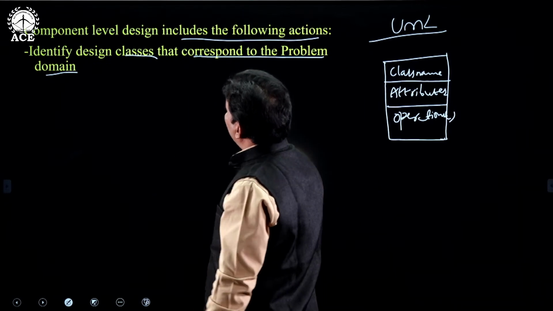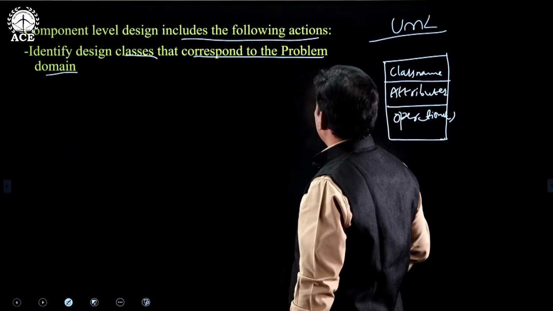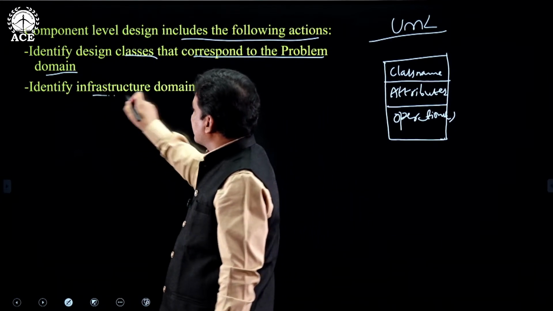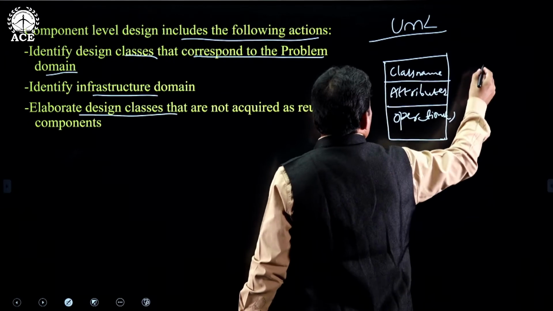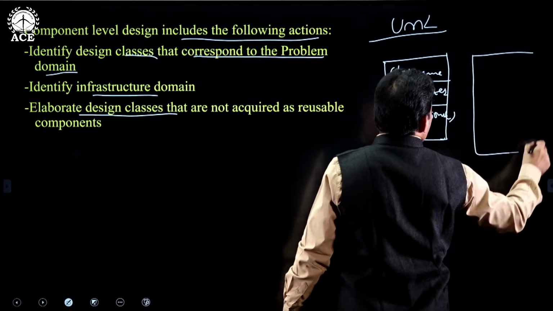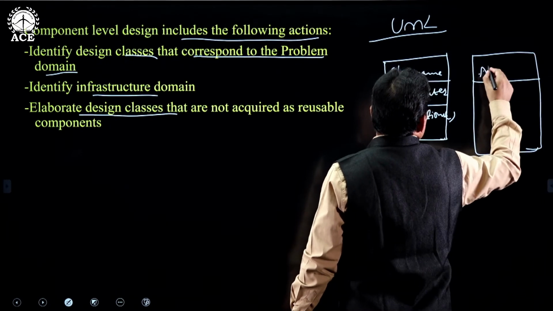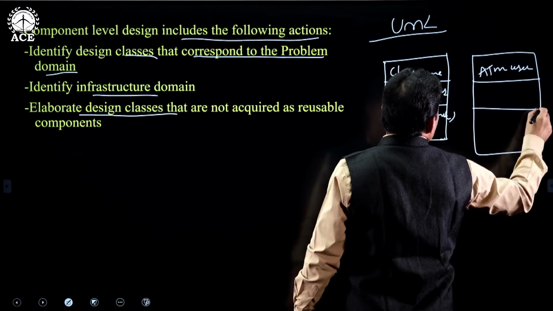So component level design includes the following actions. What are those here? Identify design classes that correspond to the problem domain, identify infrastructure domain classes, and elaborate design classes. Let's take elaboration for an ATM user. The class name is ATM user. What are the attributes for ATM user here?